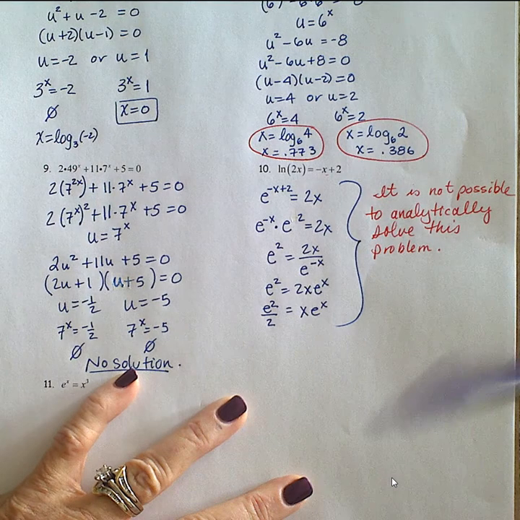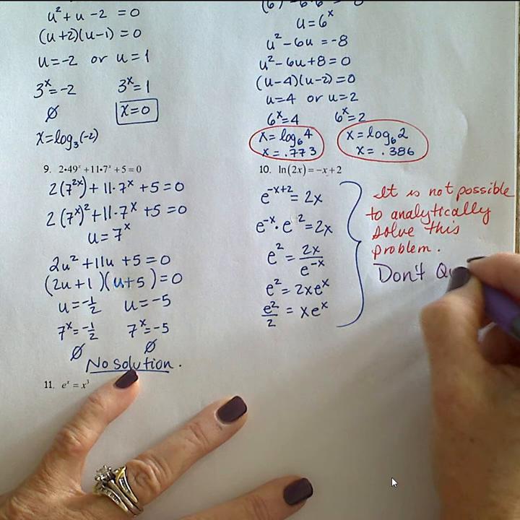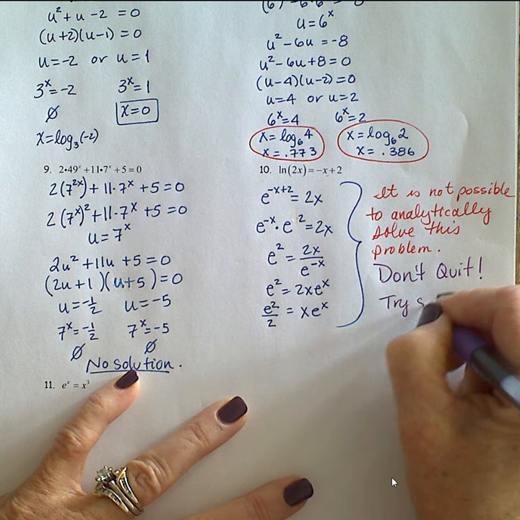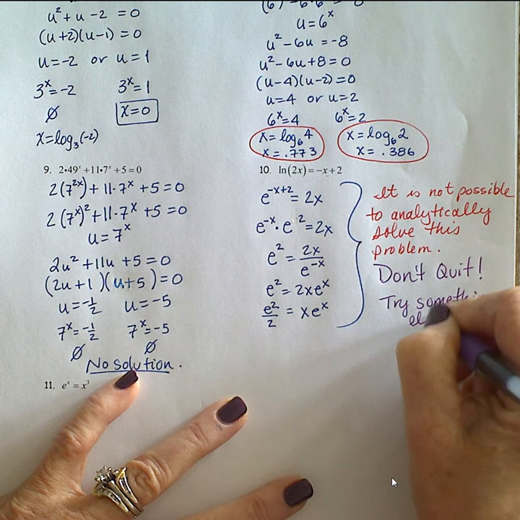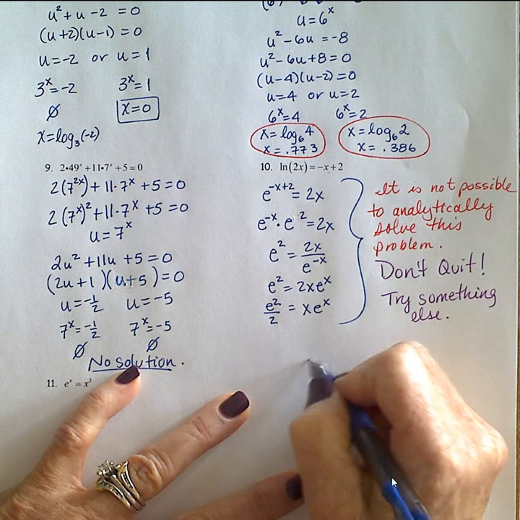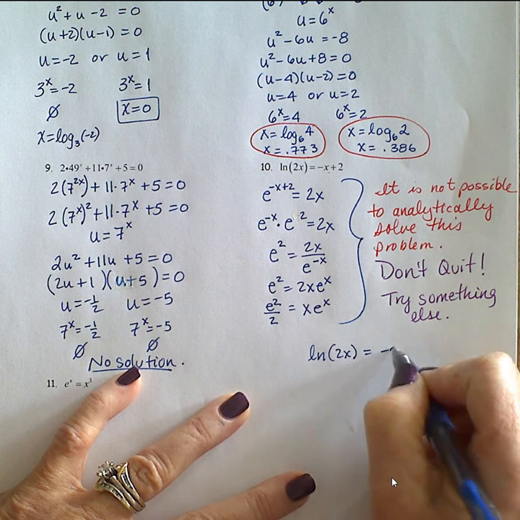But don't quit. Try something else. Go back to the original equation. Natural log of 2x equals negative x plus 2.